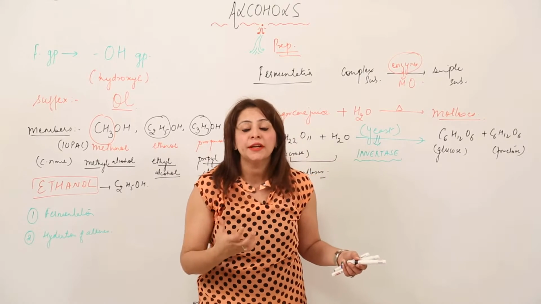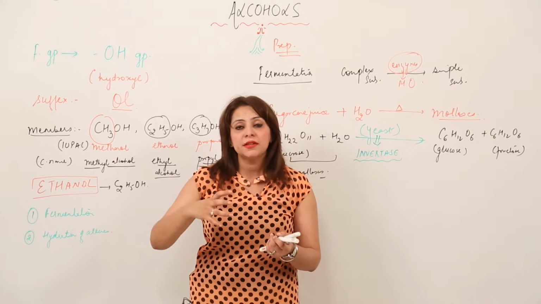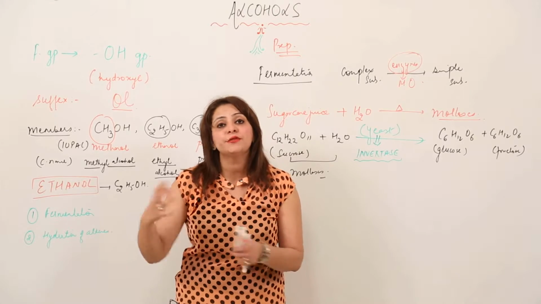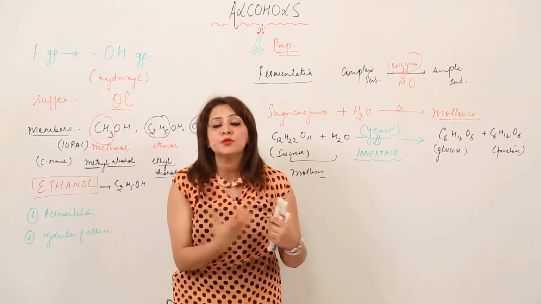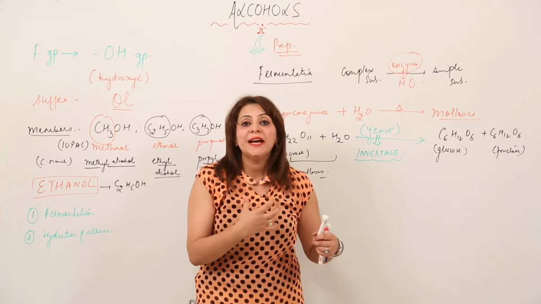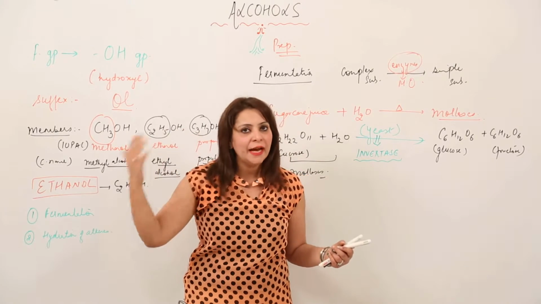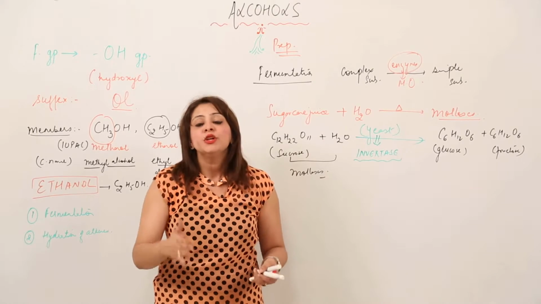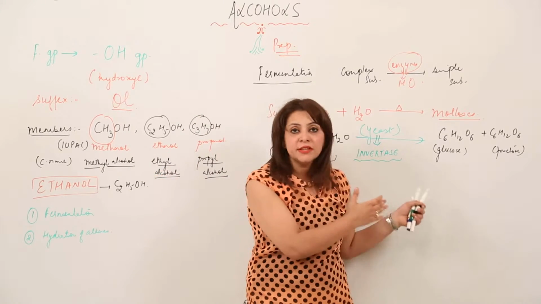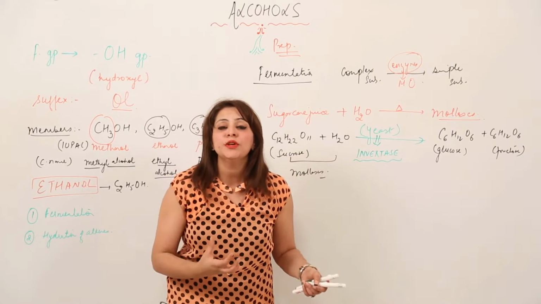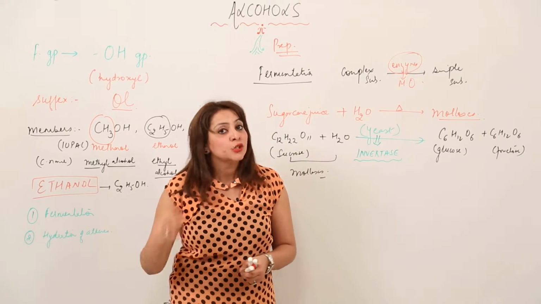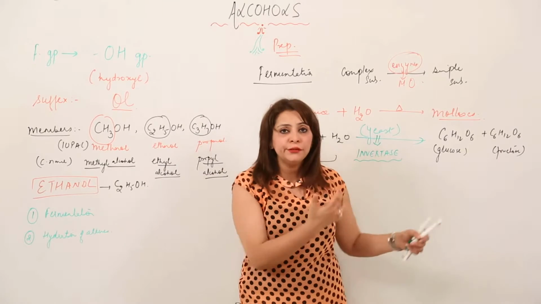And what is that aspect? They rotate the plane of polarized light in different directions. One is laevorotatory, that rotates to the left side, and one is dextrorotatory, that rotates the plane of light towards the right side. That you will be doing in higher classes. For the moment, you need to know that there is a certain difference between glucose and fructose, and that difference is the direction in which they rotate the plane of polarized light. So you need to write the two formulas differently, right?